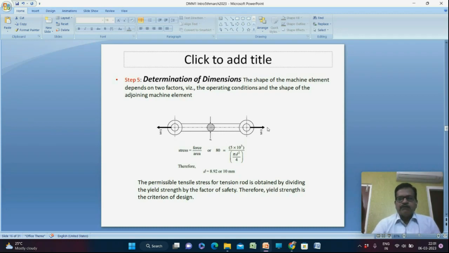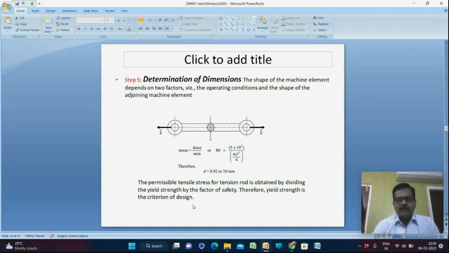So when a 5 kilonewton force has to be supported by a circular bar, applied in the axial direction and tensile in nature, the dimension, that is the diameter of the bar, should be a maximum of 10 mm. The permissible tensile stress for this rod is obtained by dividing the yield strength by the factor of safety.